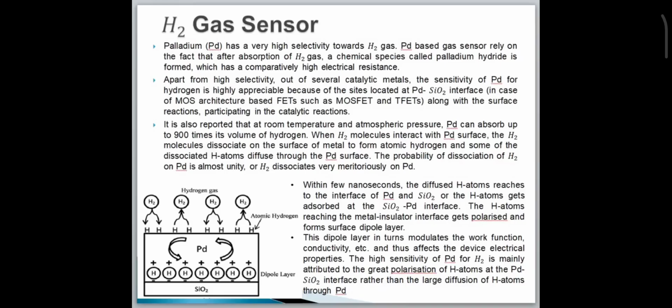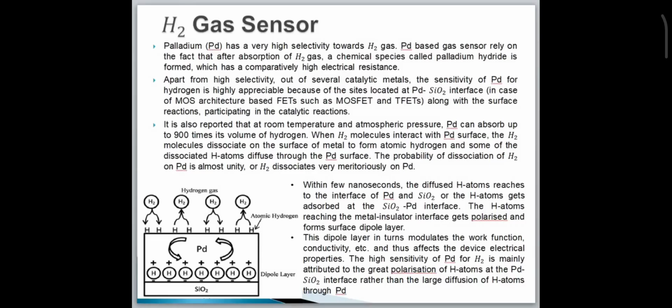The hydrogen atoms reaching the metal-insulator interface get polarized and form a surface dipole layer. Those atoms diffuse into the Pd metal surface, get polarized and form a dipole layer at the interface.